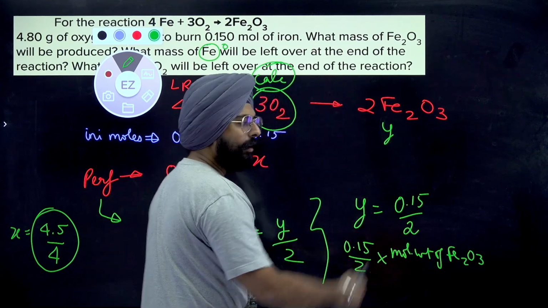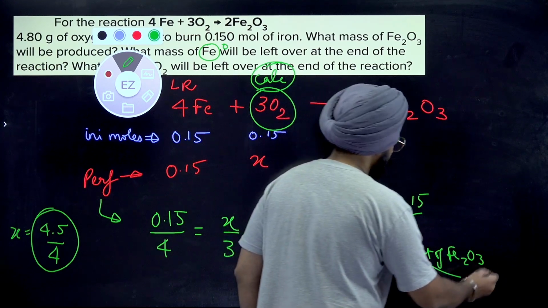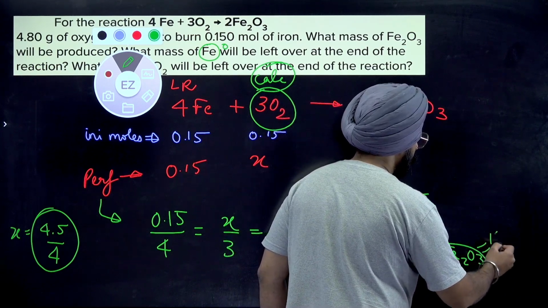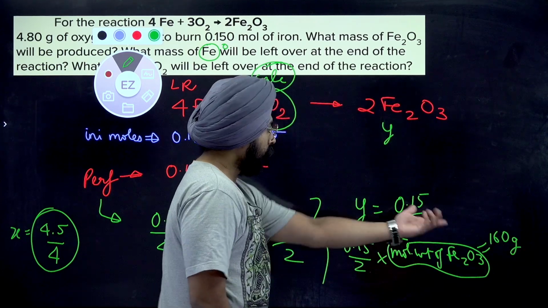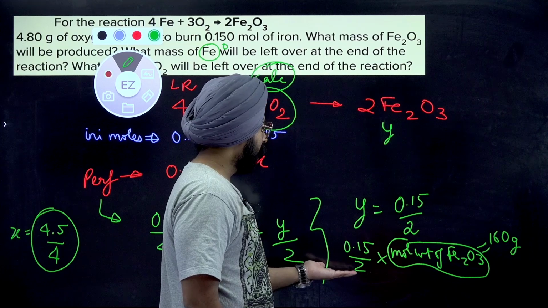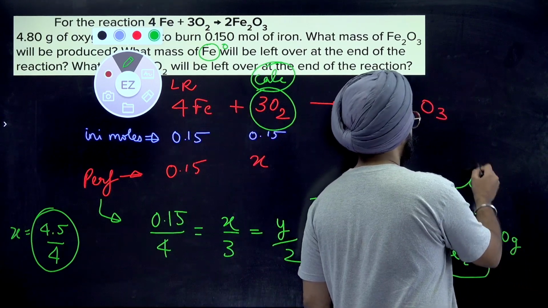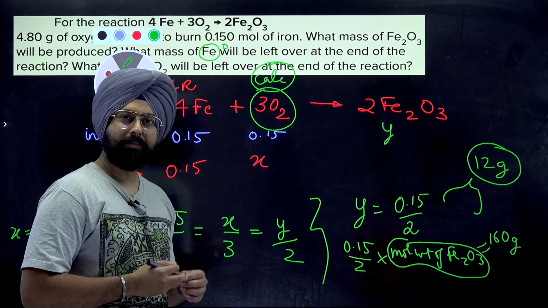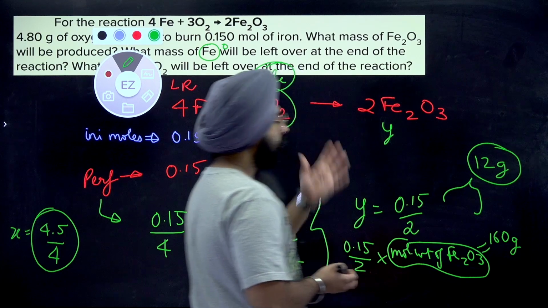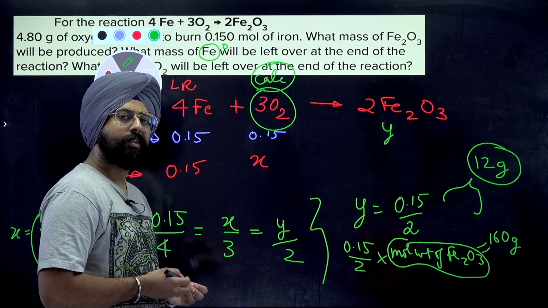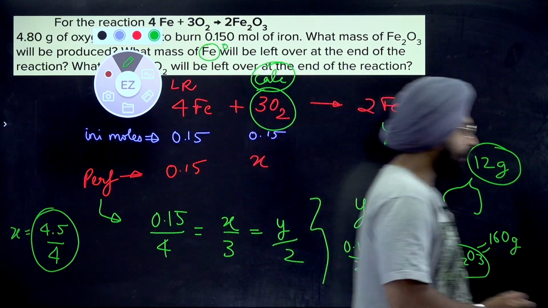What is this? Iron is 56, oxygen is 16. Molecular weight of Fe2O3 is equal to 160 grams. Fine. So now you have to just multiply 0.15 into 80. So at the end of the day, 12 grams of Fe2O3 is going to be produced. Done. Very simple question.